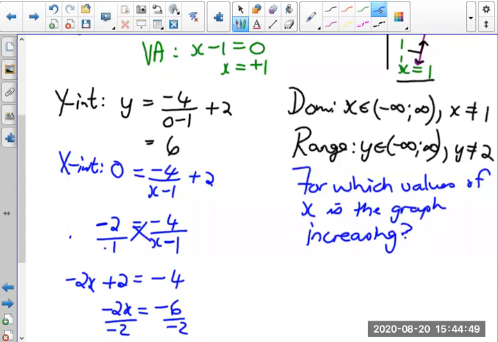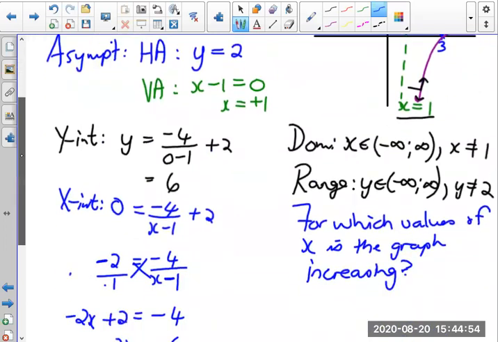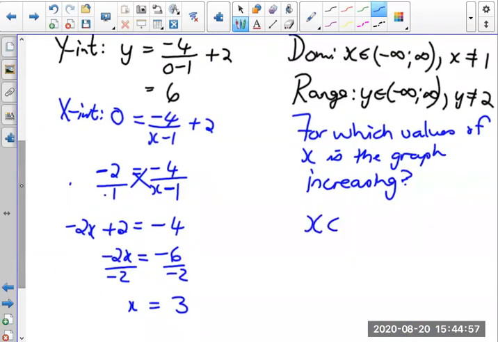Now, where's that? That's everywhere. Now, how do we write everywhere in maths? x element of real numbers.